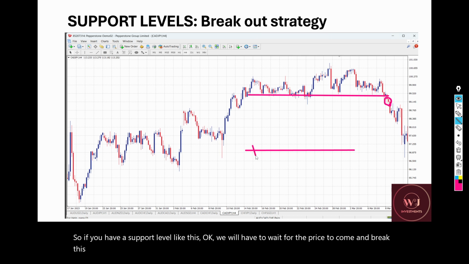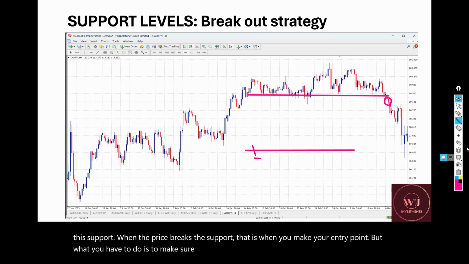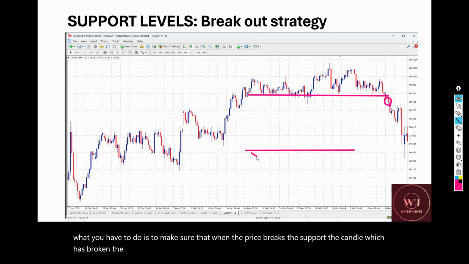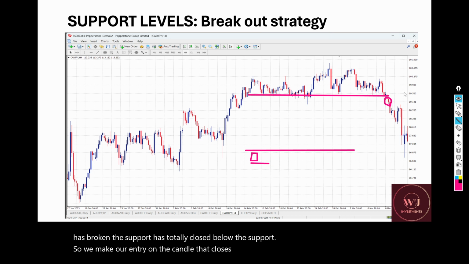When the price breaks the support, that is when you make your entry point. But you have to make sure that the candle which has broken the support has totally closed below the support. So we make our entry on the candle that closes totally below the support level.